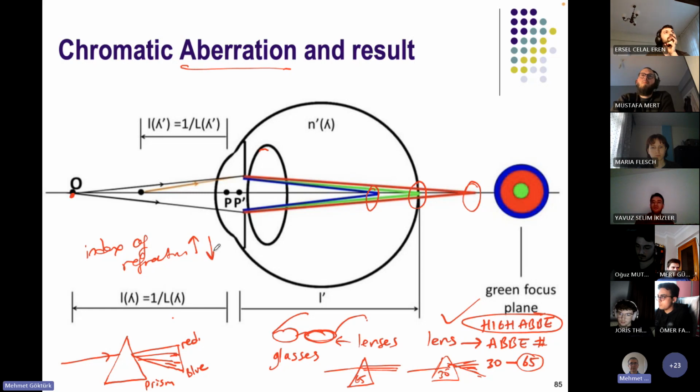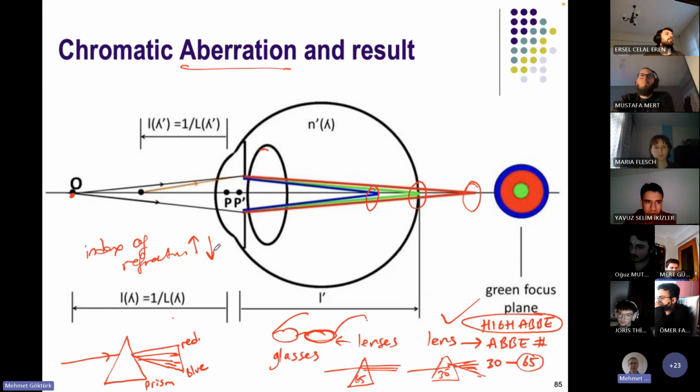Therefore, people invented, not Galileo, people invented mirror-based telescopes so that aberration is not present and they can make bigger magnification.